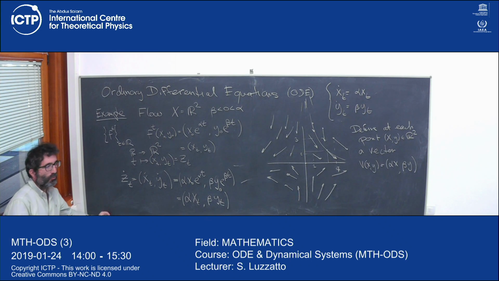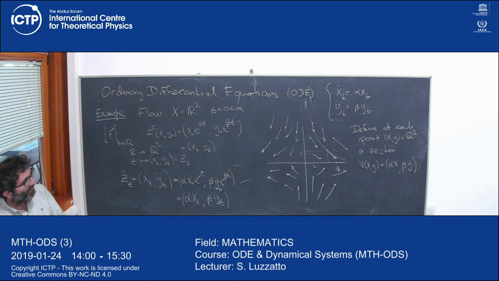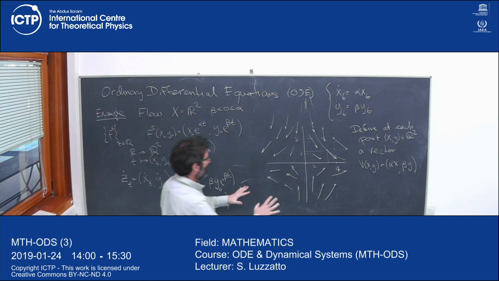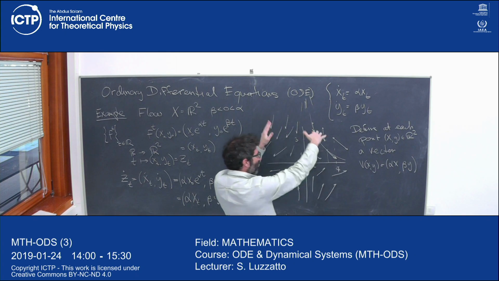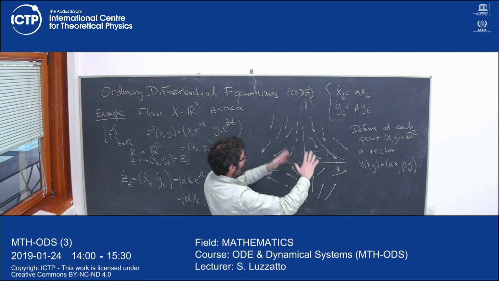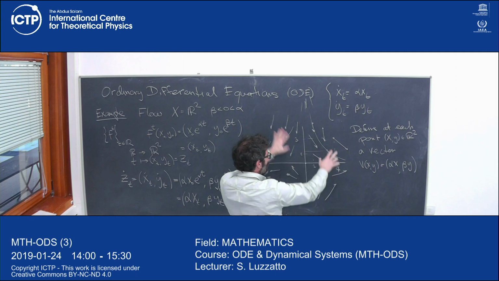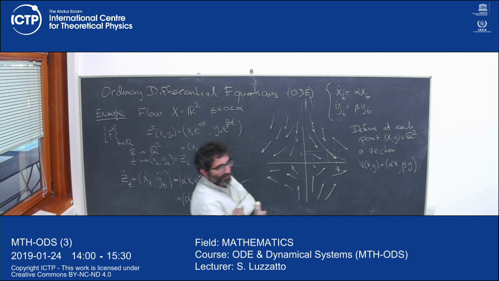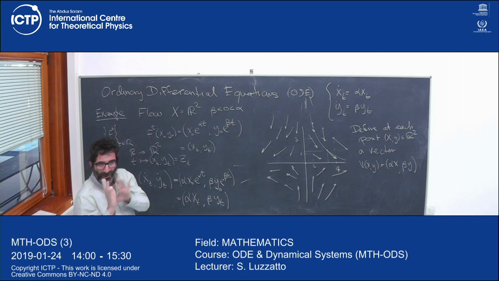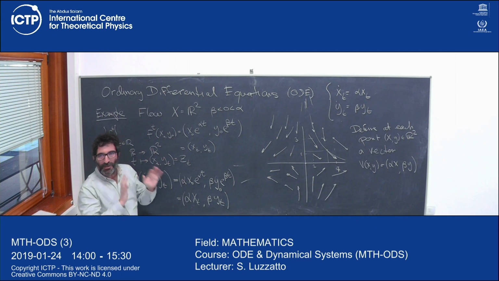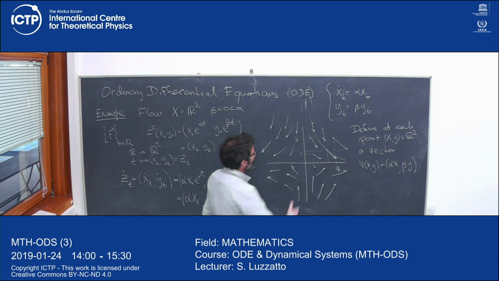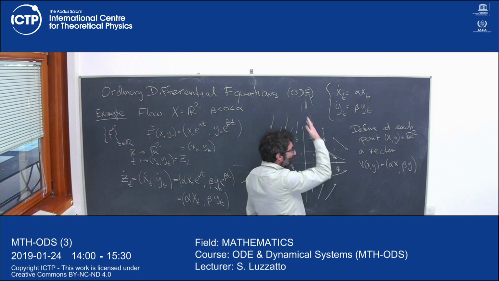So maybe there's several ways of saying this. Maybe I should have said initially, when I had the picture before, okay, now imagine that you have drawn all the lines, all the solutions. Imagine that you draw at every point the corresponding vector, and then you pull out the lines, okay? And all you're left with is the vectors. When you look at the vectors, it's not immediately obvious just by looking at them that there are these lines that go through them.